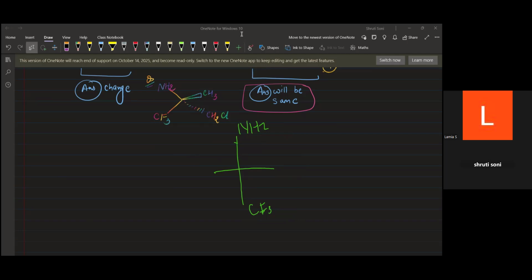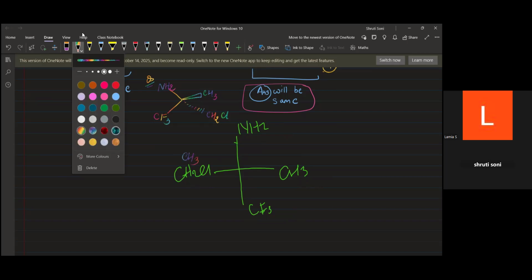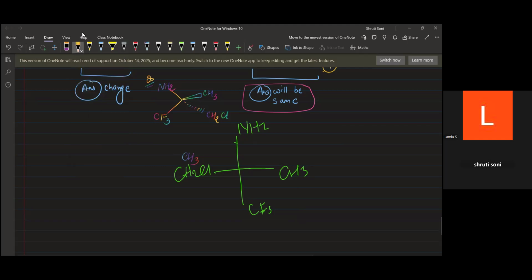Is this correct? No, you are doing it the same way. Oh my God, I didn't even know I was doing it the same way. The wedge form will be coming here. Okay. I think I made a mistake with the wedge and the dash here. This is CH2Cl. No issue. Now you solve.